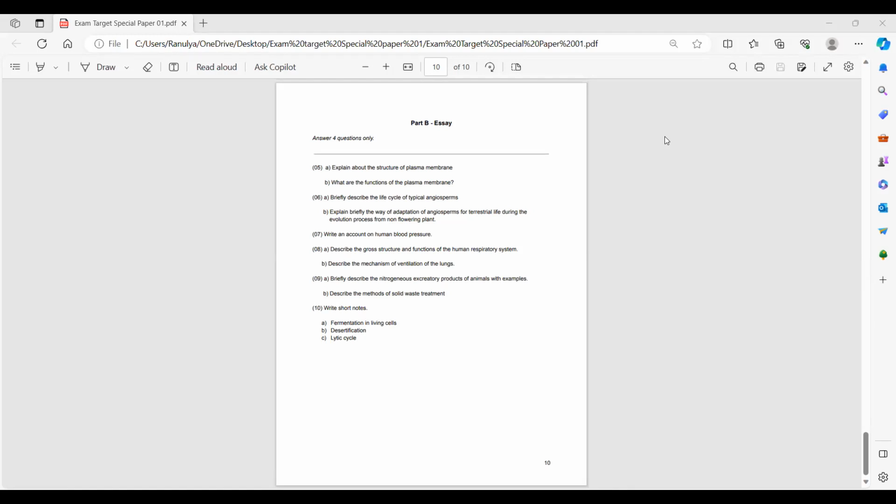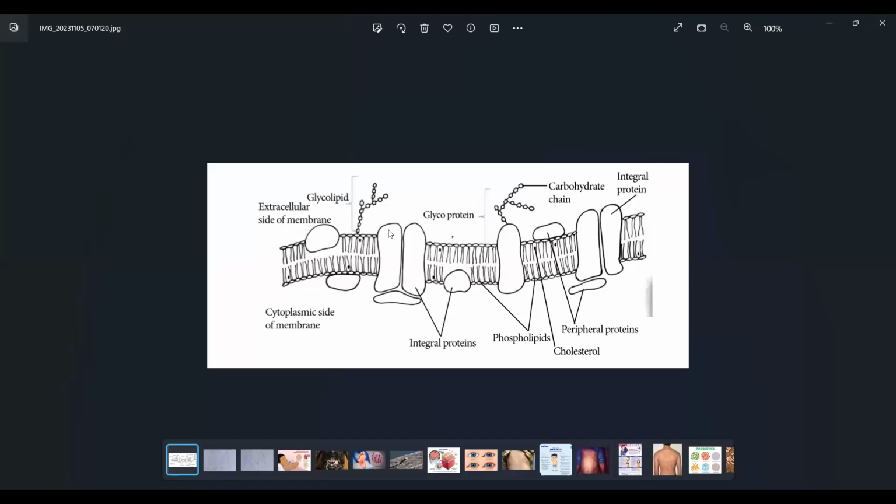Right. When asked for the structure of plasma membrane, what you have to do is draw that structure. You have to show the fluid mosaic model and label it. Here is the diagram. Lipid bilayer. Then you can mark transmembrane proteins, peripheral proteins.